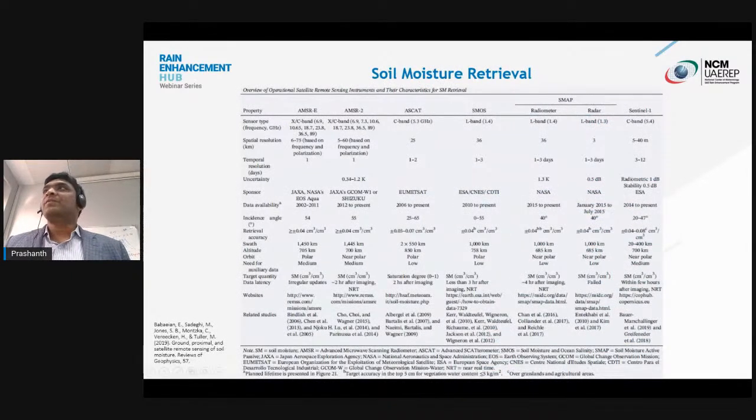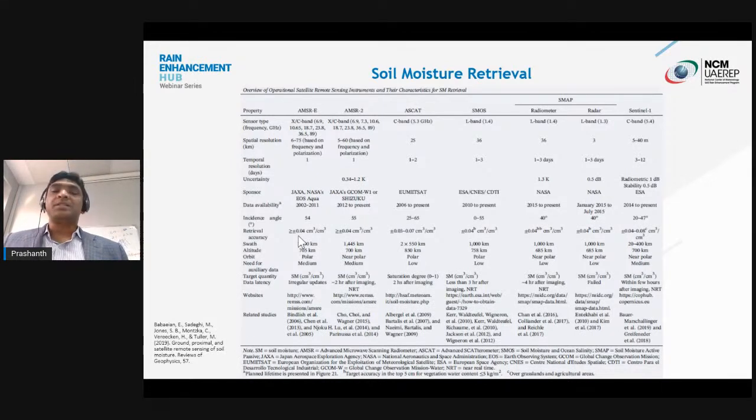This is an example of what I wanted you to focus on, this accuracy. Most of these products have been documented to provide significantly high accuracy compared to other types of applications.